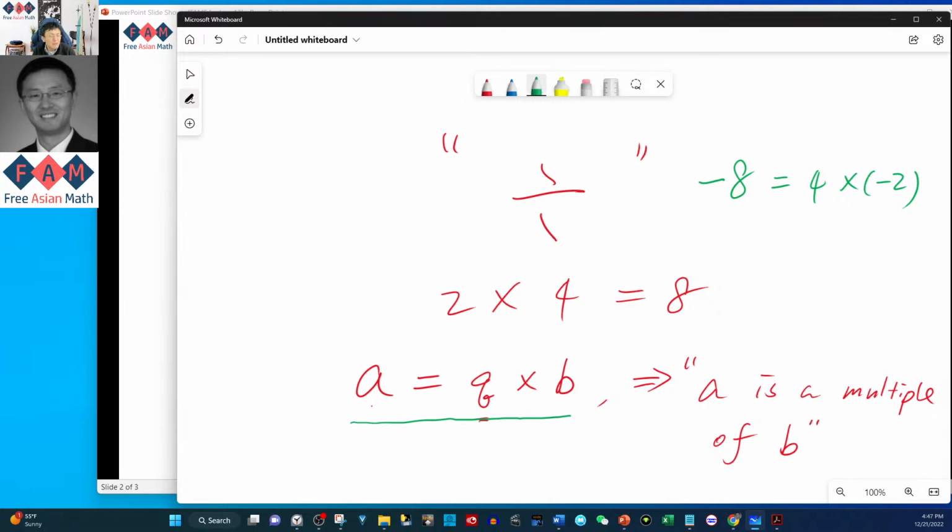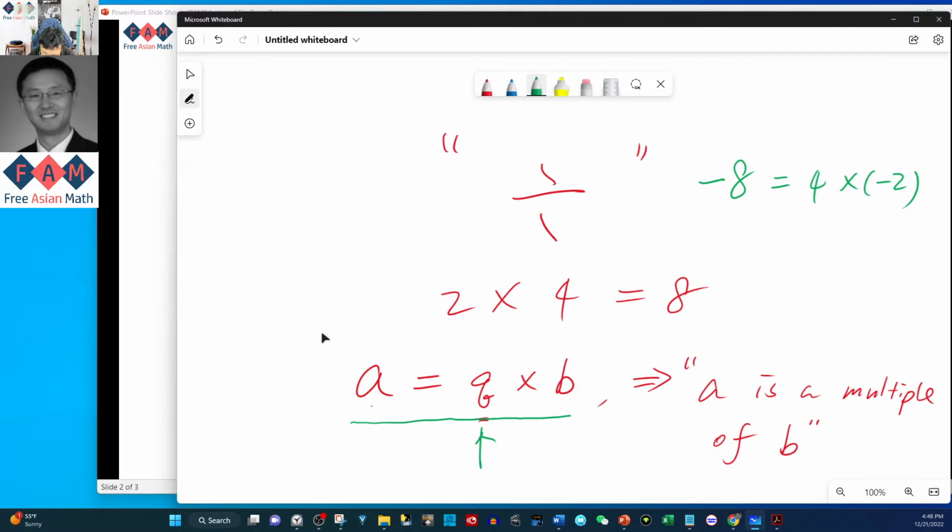Also, for now, for the sake of discussion, we want to pay more attention to positive integers only. So if a can be represented as the product of some integer q and b, then we say a is a multiple of b.